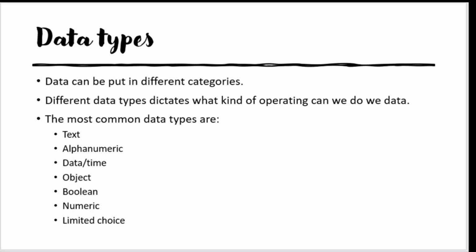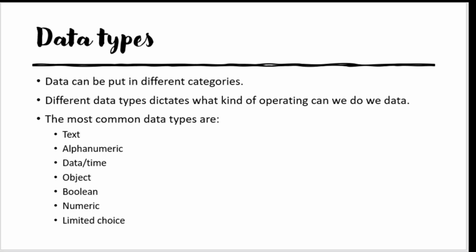So the validation that I mean here is, when you say that you want a data type that is a date, okay, and you then use a word, that's not going to fit, right? Because a word is not a date, so a text is not a date. So that is what I mean by validation.